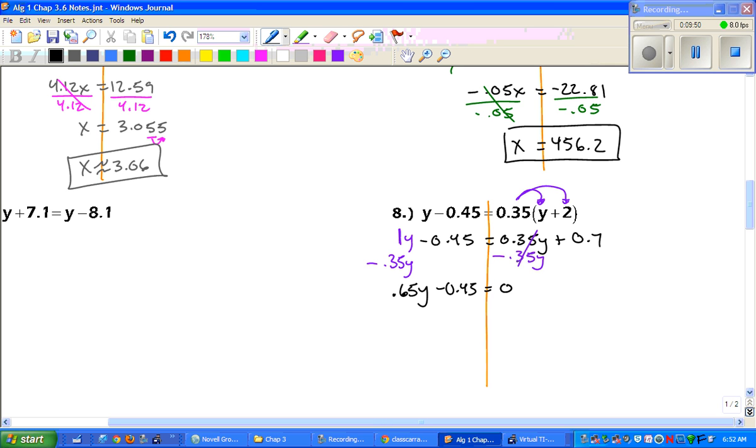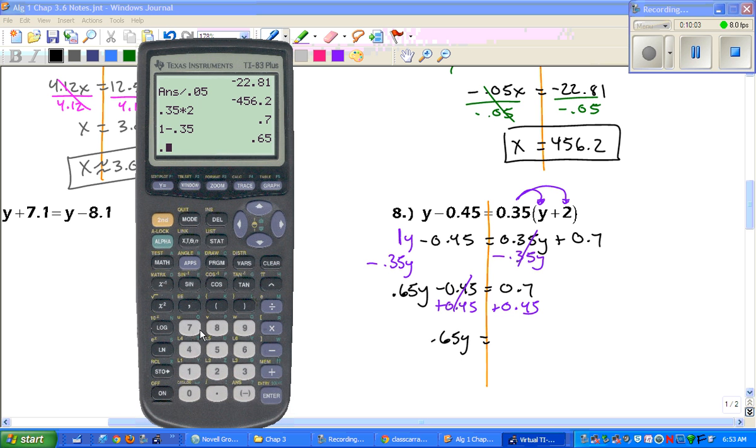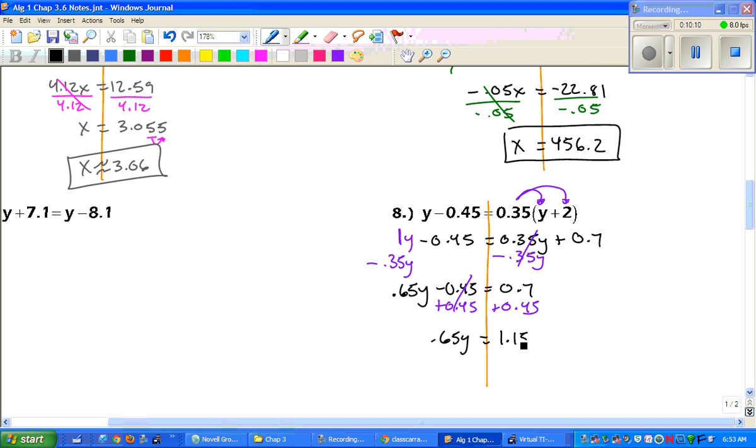So 0.65y minus 0.45 equals 0.7. I'm going to add the 0.45 to both sides. 0.65y equals 0.7 plus 0.45. You get 1.15.